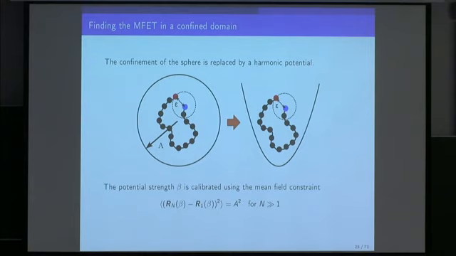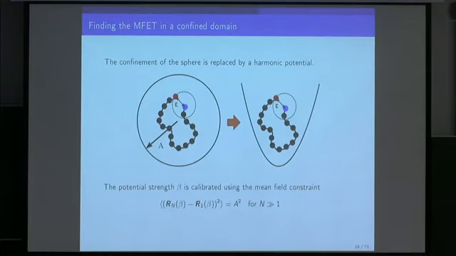Okay, so can we do something analytical with this problem? We looked at a somewhat similar problem before, the looping of a polymer in a confined domain. We just wanted to estimate how long it will take for the two ends of this polymer to meet.